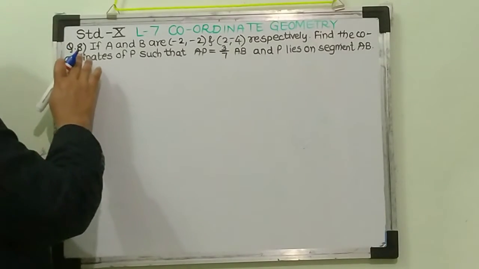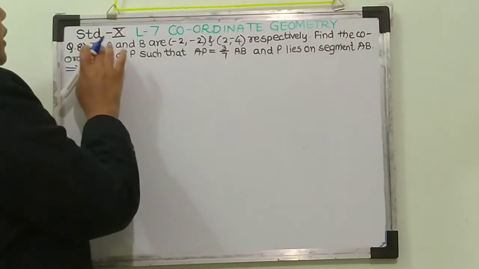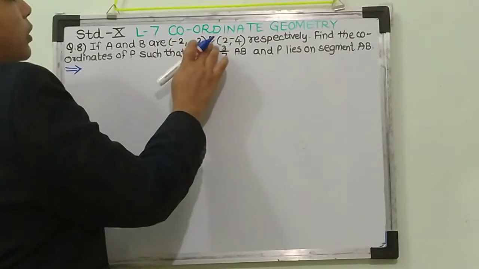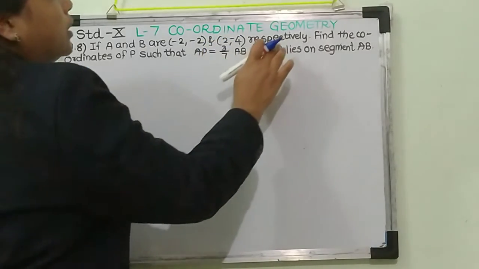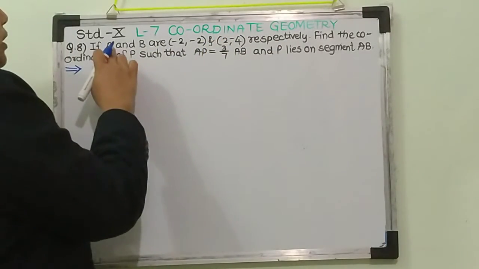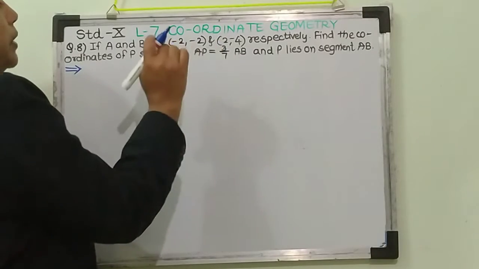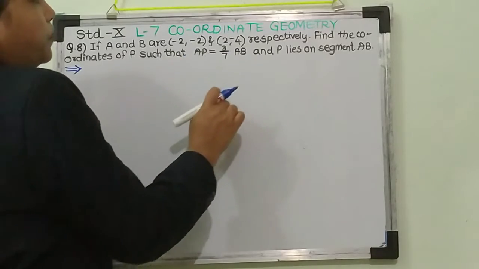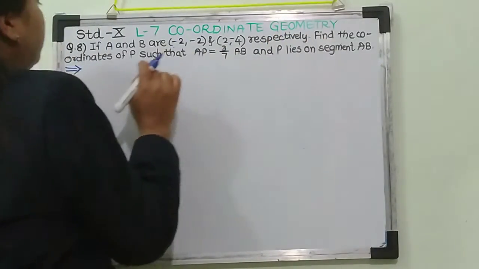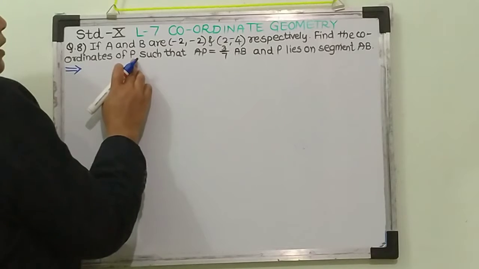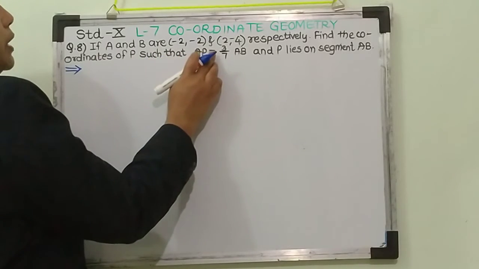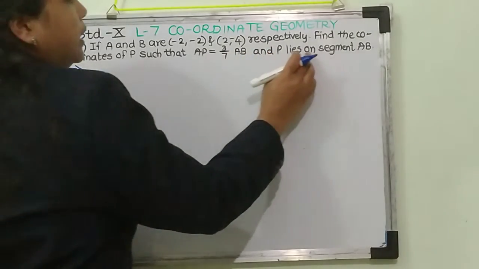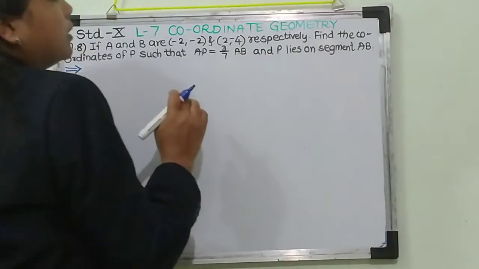See the next question: if A and B are (-2, -2) and (2, -4) respectively, it means we have been given the coordinates of A and B. Then we have to find the coordinates of P such that AP equals 3/7 AB and P lies on segment AB.